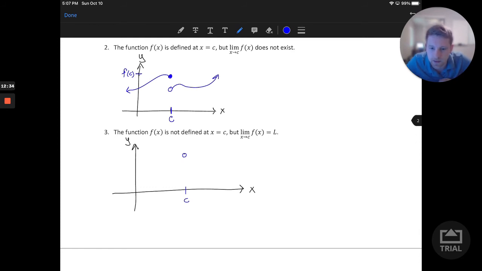It doesn't matter what the height is, but we do have a limit that exists at L, and so we can represent some sort of a function that does meet at this value, and that height here happens to be L, because that's the limit as x approaches c. So in this case, we have what we'd say is the removable discontinuity, or a removable singularity here.